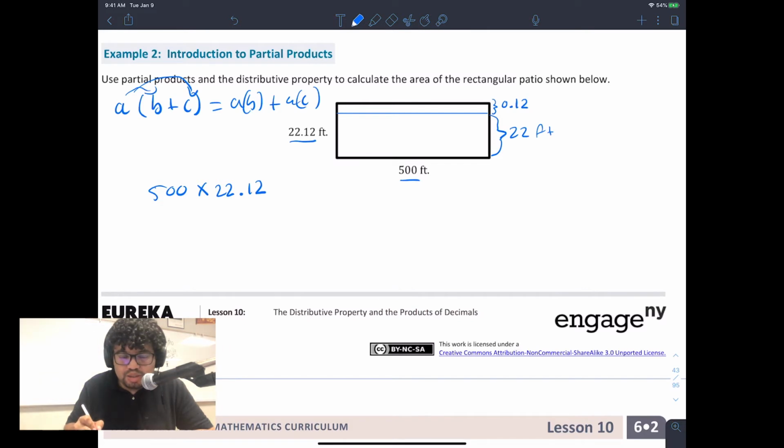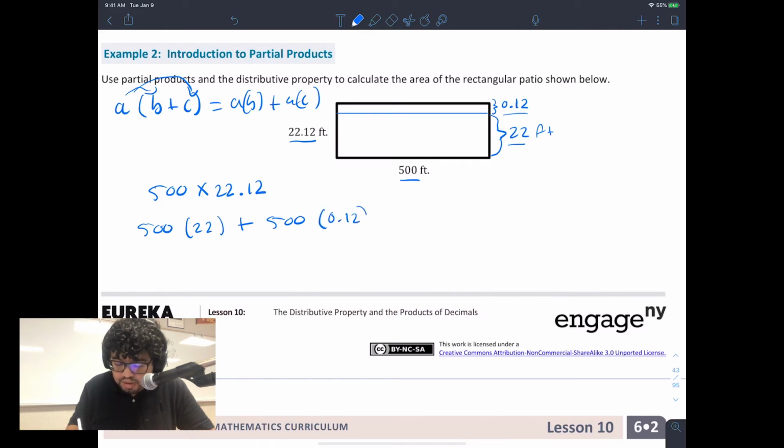So I'm going to break that 22.12 into first 22 and then 0.12. So then I will say 500 times 22 plus 500 times 0.12. Okay. So then I would just do my calculations, right?